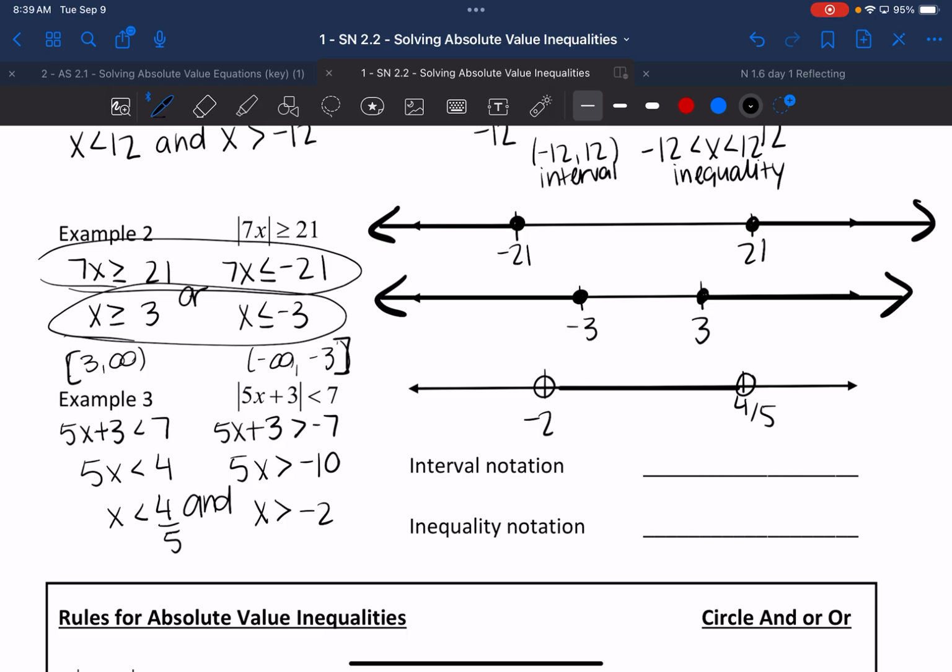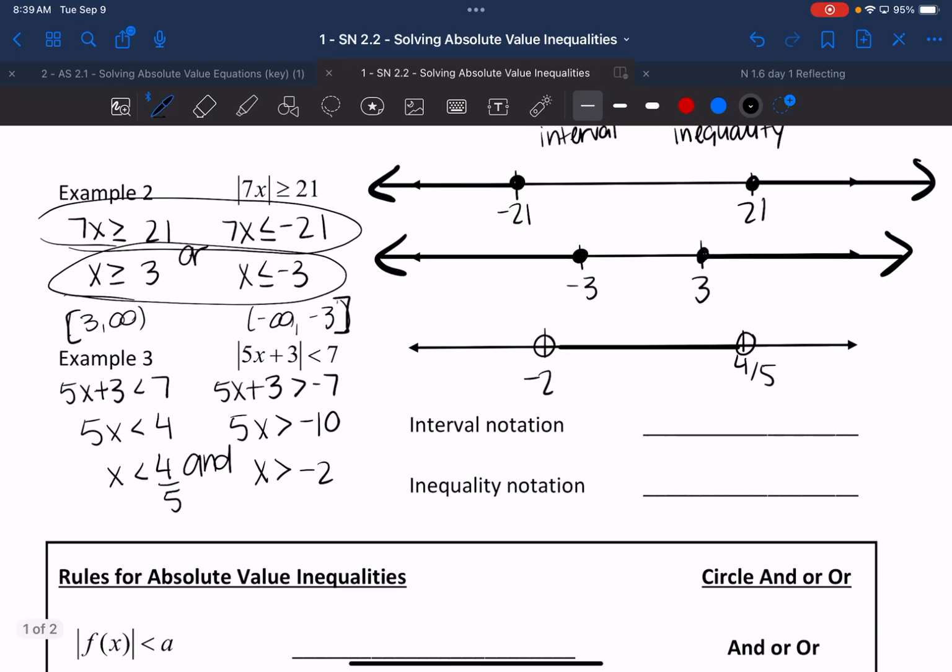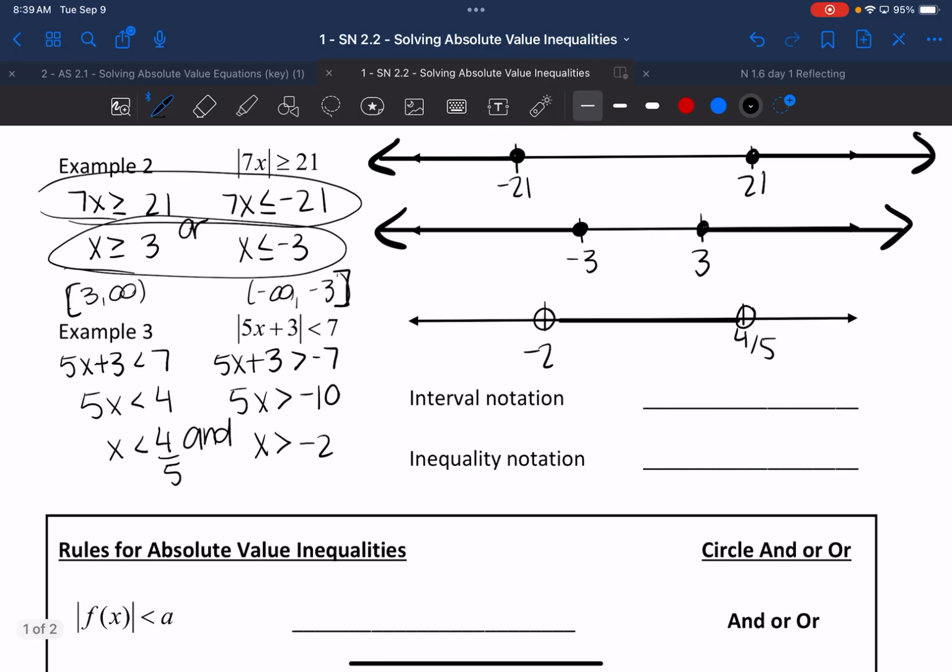So my interval notation, when it asks for interval notation, this is the parenthesis bracket one. We would say that it started at negative 2, right, and goes to 4/5, right? And we would use parentheses for those since they were open. Okay.